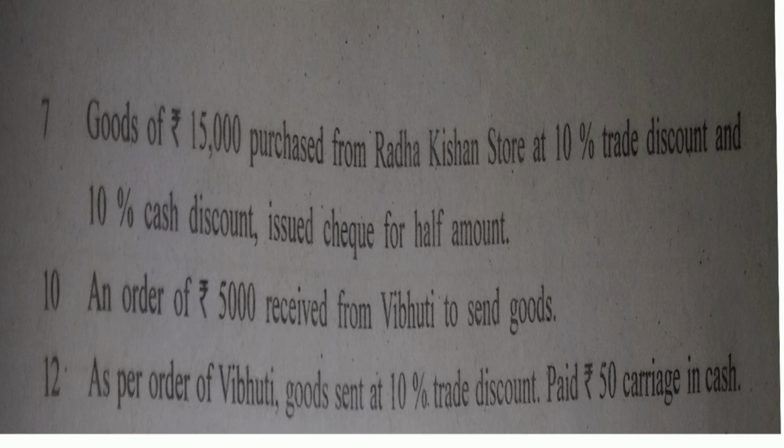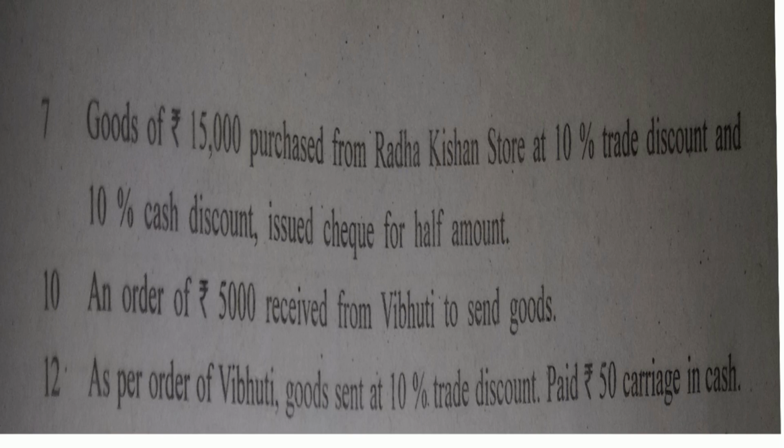You can also write down a combined journal entry. The choice is yours. Firstly, the goods have been supplied to Vibhuti. So Vibhuti is receiver. Vibhuti account debit to sales account. We have given goods of rupees 5,000 to Vibhuti at 10% trade discount.